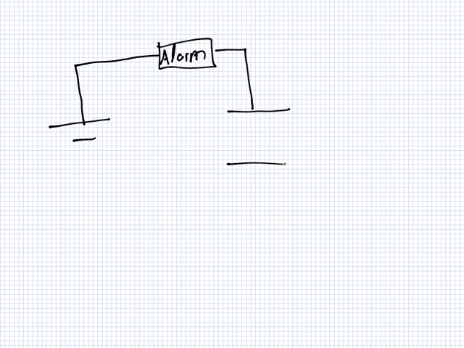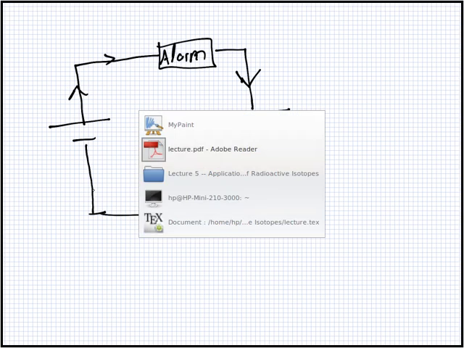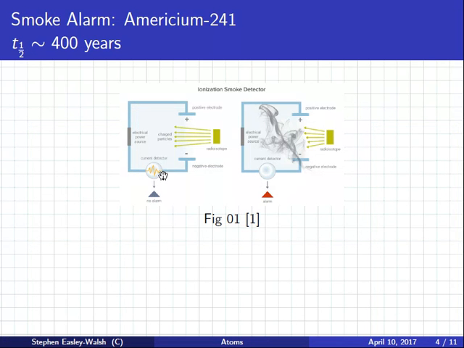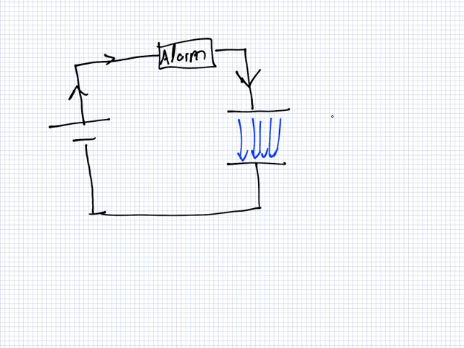So the current travels along here, and then you have an electric field, like this. I believe this emits an alpha. Pretty sure it's an alpha. I'll draw it here.